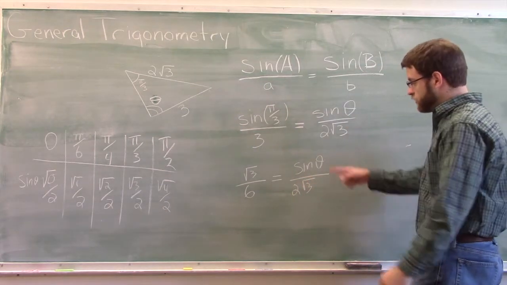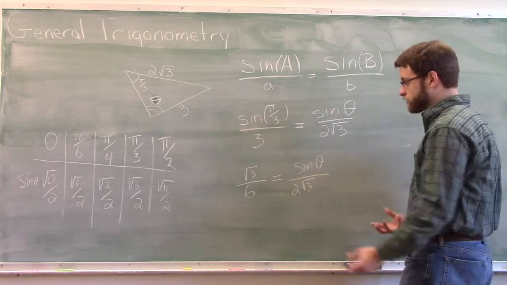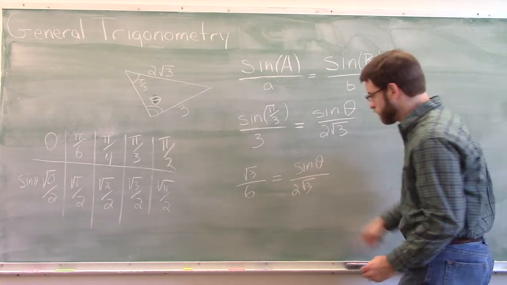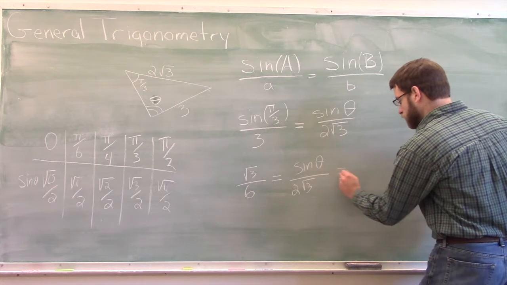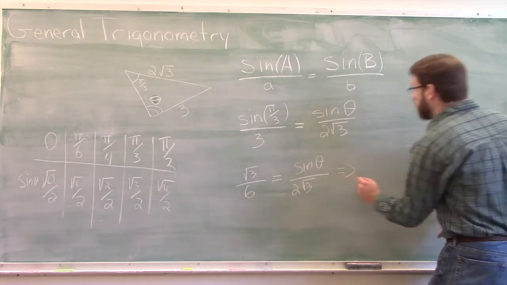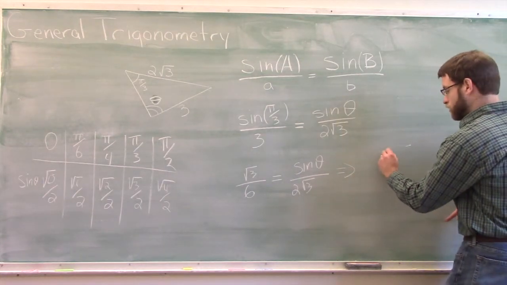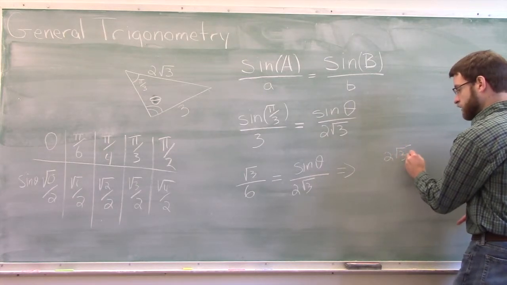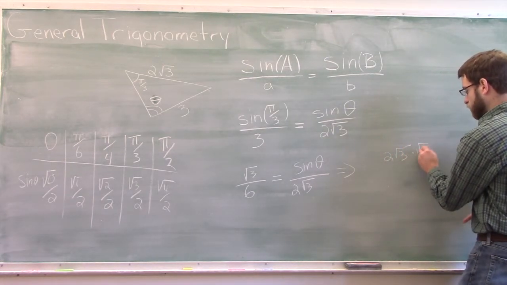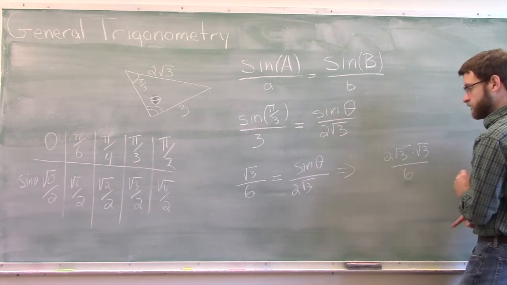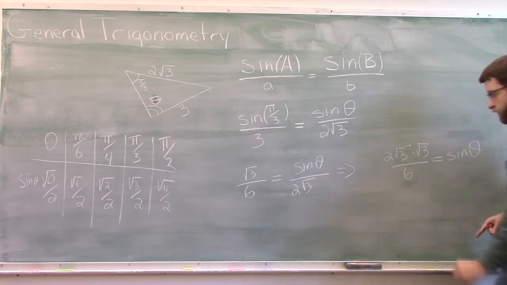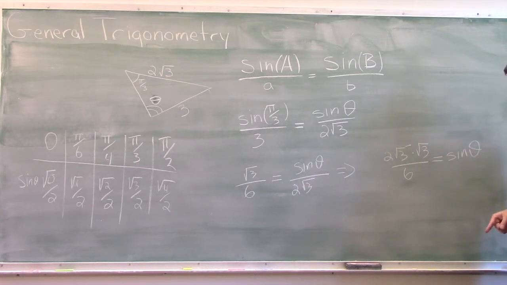Now all we need to do to figure out the value of theta is to solve this equation. So we'll multiply both sides by 2 square root of 3, and that will bring me to 2 times the square root of 3 times the square root of 3 divided by 6 should be equal to the sine of theta.